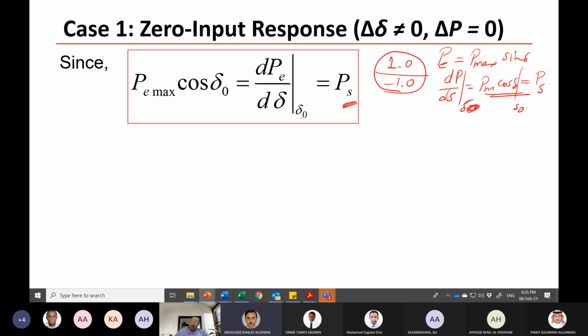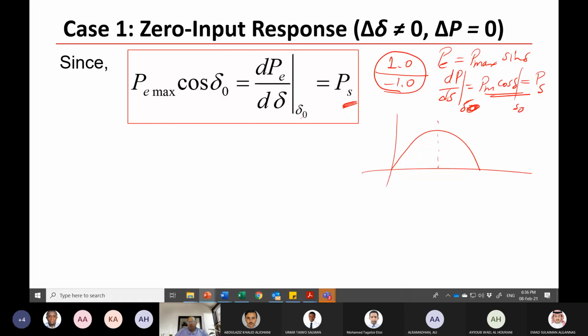You are right. If BS is positive, then the system is stable. If it is negative, the system is unstable. If we define BS as a derivative, it is simply the slope of the tangent of this curve, dB by d delta.